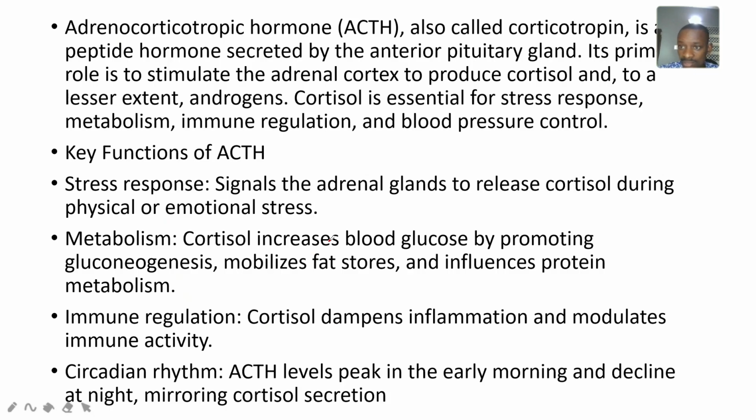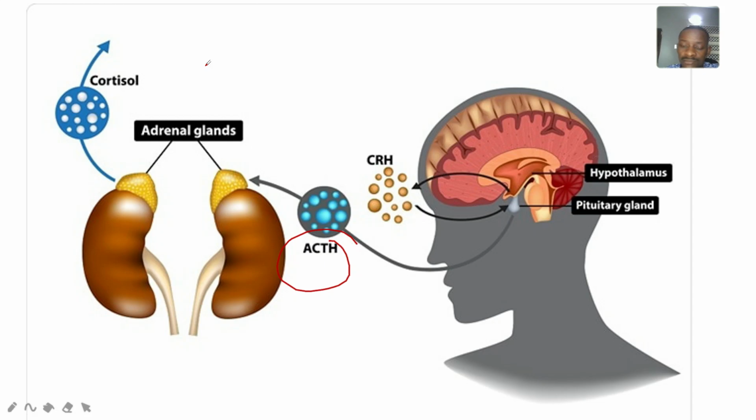So what is it? Just like I told you, it's called corticotropin. Other people call it corticotrophin. It's a peptide hormone, and it's secreted by the anterior pituitary gland. The pituitary is divided into the front side and the back side.